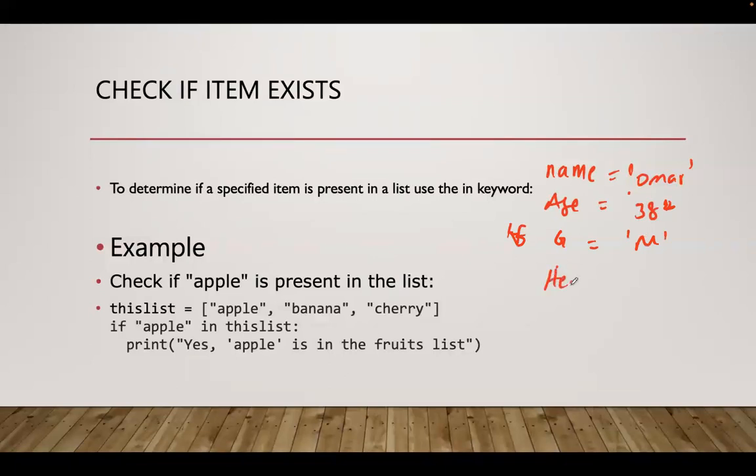Height is equals to 5'10. Now, I would say if age, are you with me? Is equals, this is how we do a comparison. If age is equals to 38, I put what?